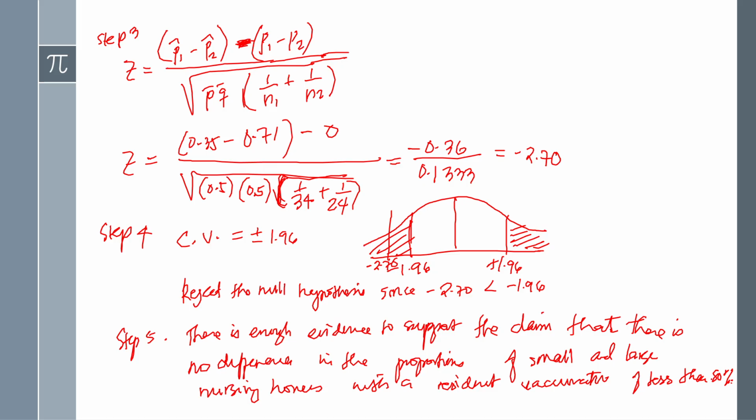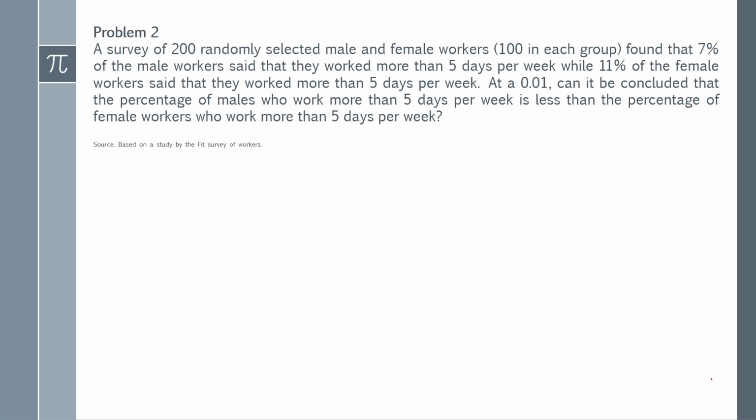So we have steps 1 to 5. Let's proceed now with problem number 2. A survey of 200 randomly selected male and female workers, 100 in each group, found that 7% of the male workers said that they worked more than 5 days per week, while 11% of the female workers said that they work more than 5 days per week.